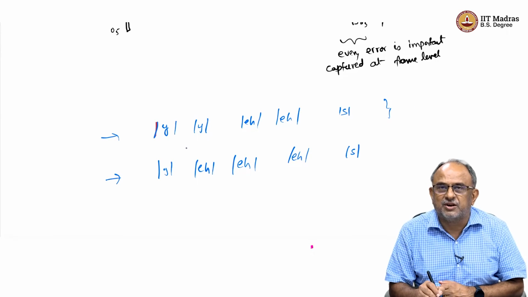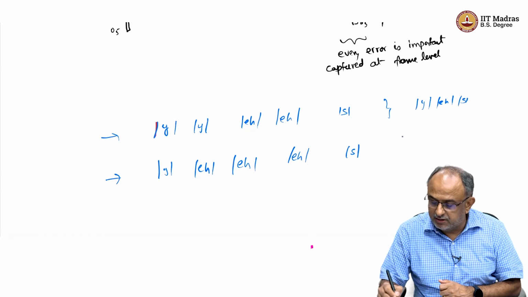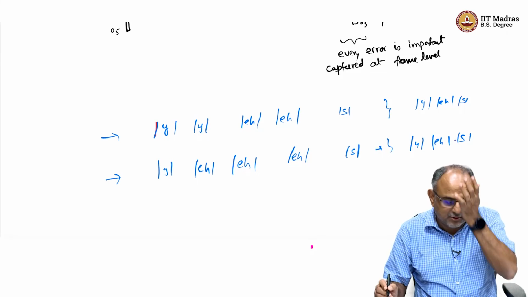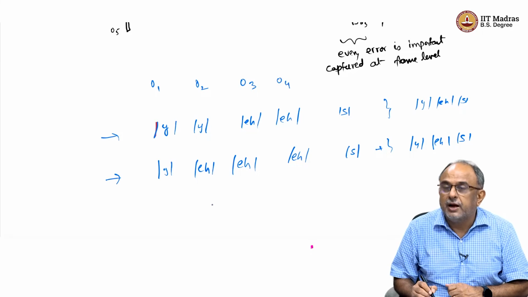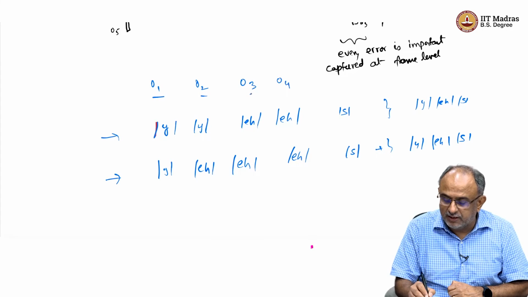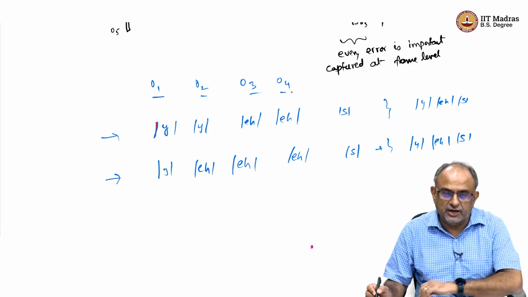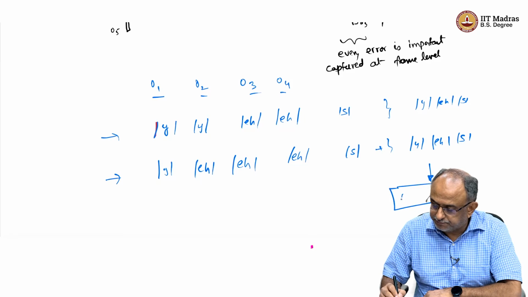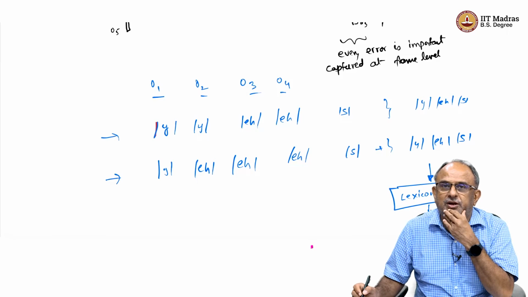I am going to see these consecutive guys and say that anyway the unique guys are going to be Y E H S, right. So, consecutive frames. So, this is O1, O2, O3, O4, right. So, it does not matter if I make some mistakes, as long as the sequence continues to be correctly identified, right. And from that I can always use a lexicon to get the word, right.